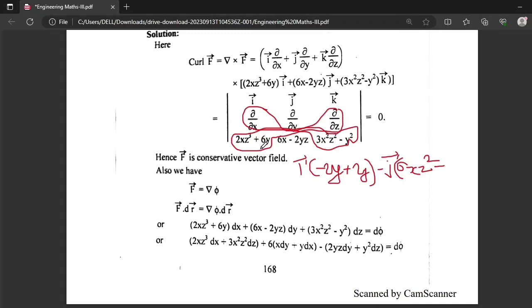Since here is z, 2x is constant and the derivative of z³ with respect to z is 3z², so 2x into 3z² is 6xz². So it cancels off, and this also cancels off.